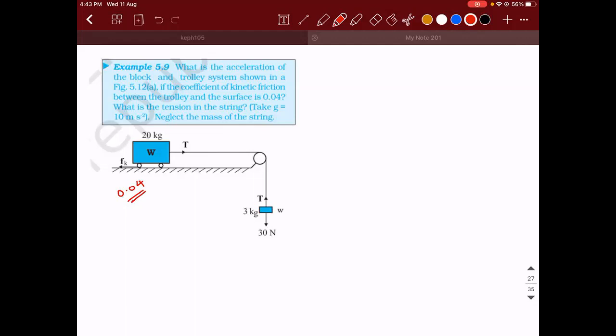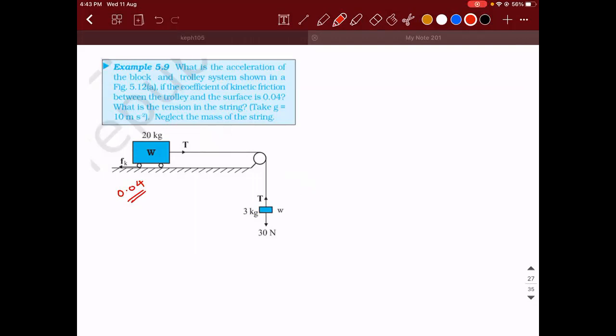We'll get started. If you observe, these kinds of problems you need to deal with in 2 dimensions, because there is a block which is moving in the y direction and a trolley which is moving along the x direction. So how many objects are there? Read the question. They are asking for the acceleration of the block and the trolley system.